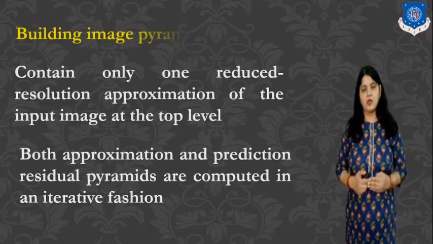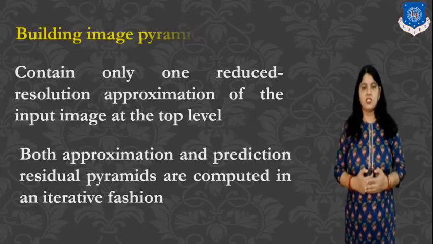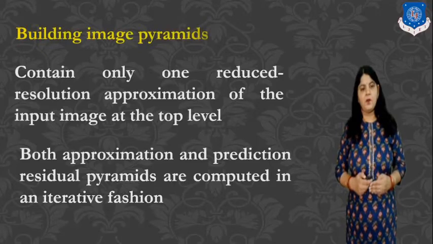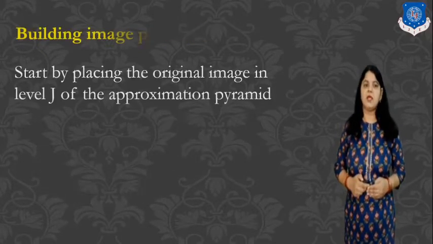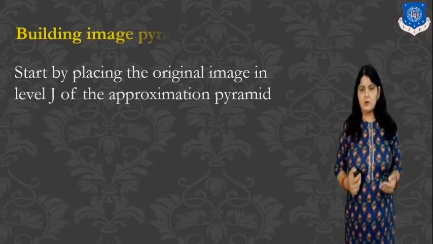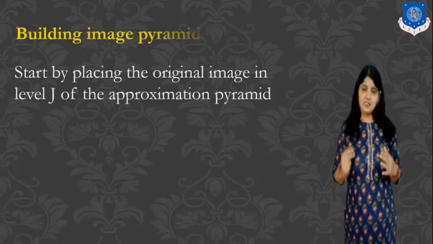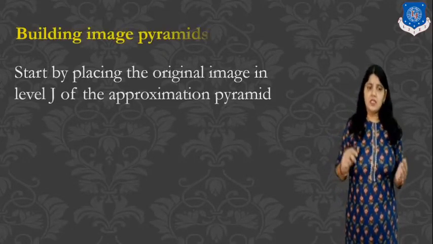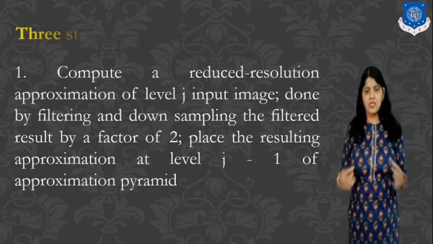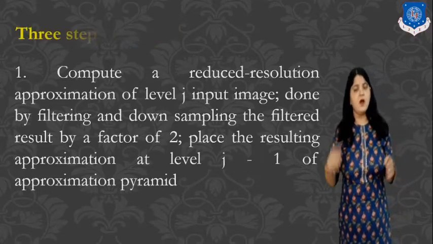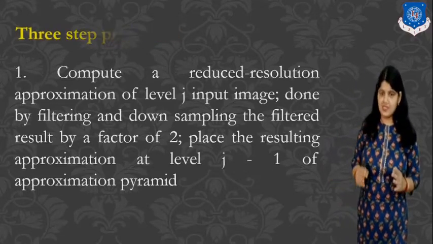Both the approximation and the prediction residual pyramids are computed in an iterative fashion, and this way we can make the pyramid. Start by placing the original image at level J of the approximation pyramid. Mainly three steps need to be performed while the image pyramid is formed.